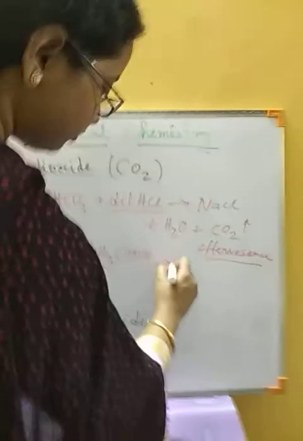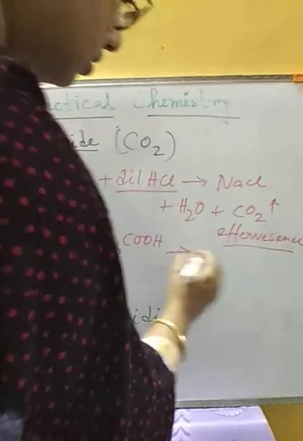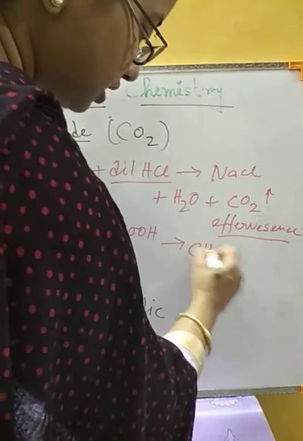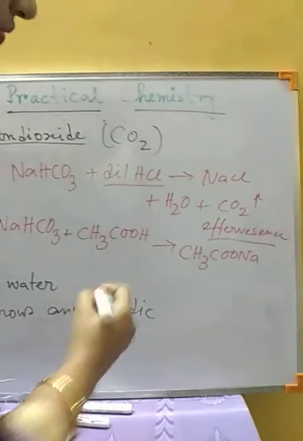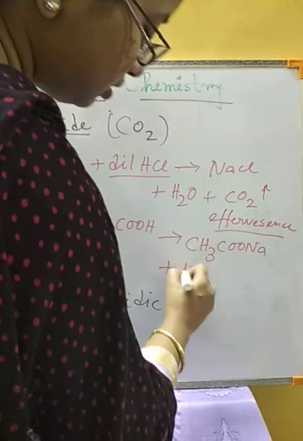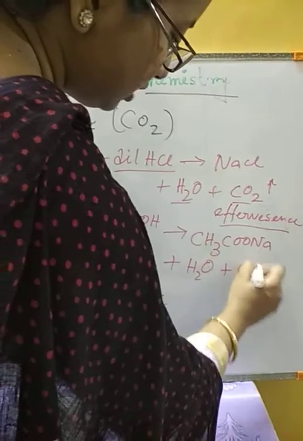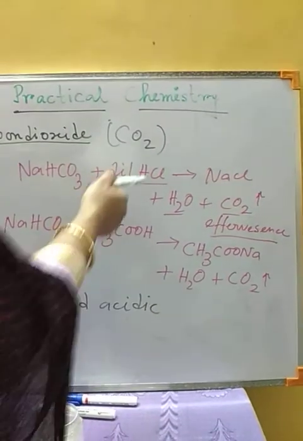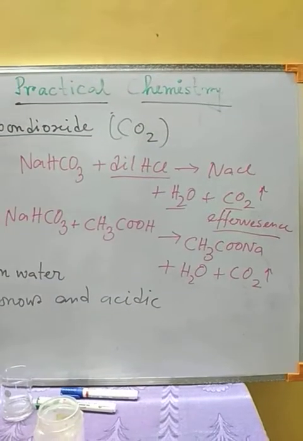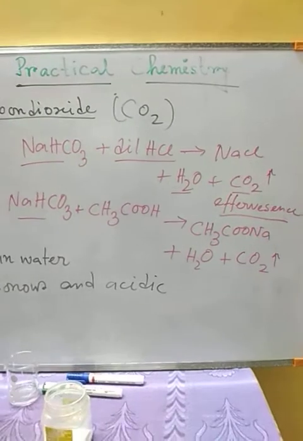The salt formed is sodium acetate, CH3COONa. The products are the same: water along with the effervescence of carbon dioxide. So with any acid we can get the reaction with baking soda.